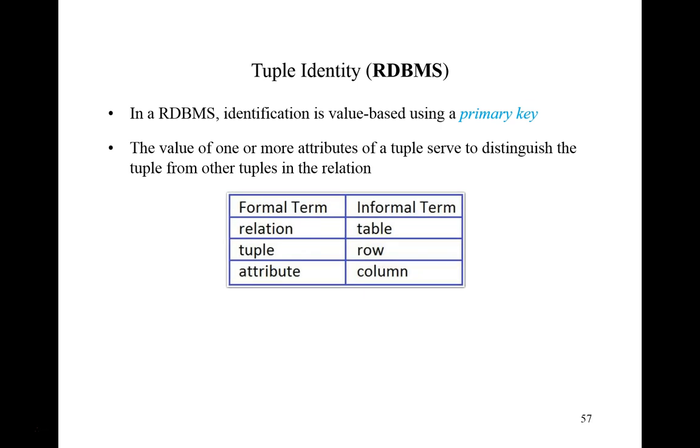Less formally, we talk about tables and rows. In a relational database management system, identification can be considered to be value-based, using a primary key. The value of one or more attributes of a tuple, one or more columns from a table, serve to distinguish that tuple or row from other tuples or rows within the relation or table.